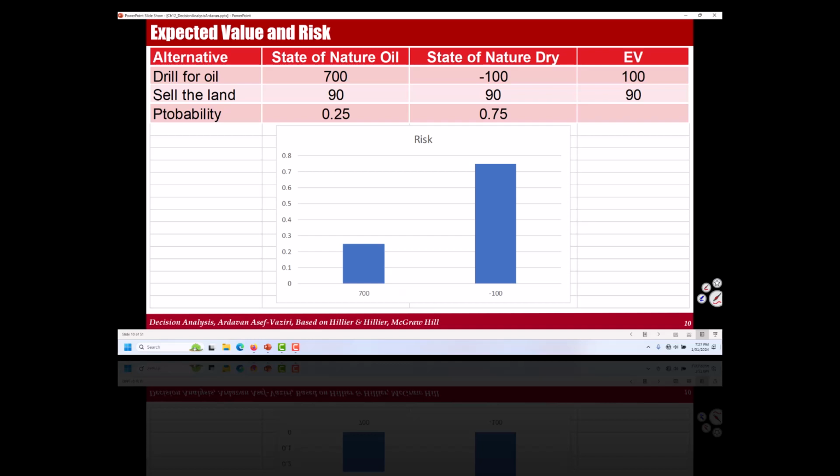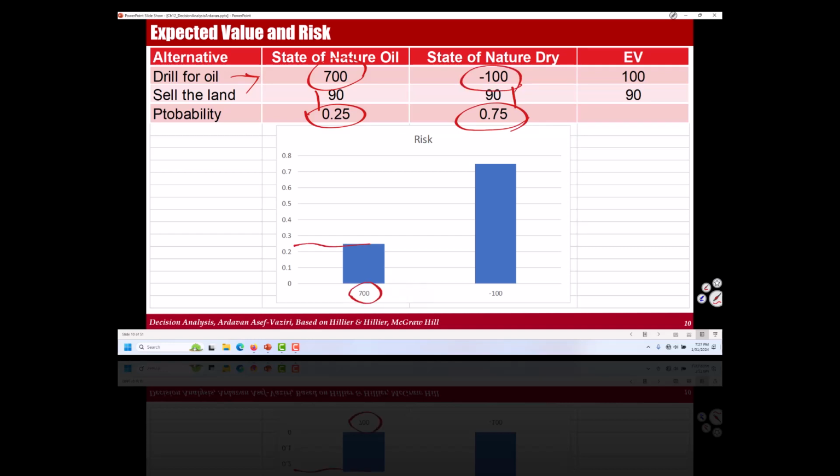For example, in this situation, there is a 25% probability that we gain $700,000, and there is a 75% probability that we lose $100,000.